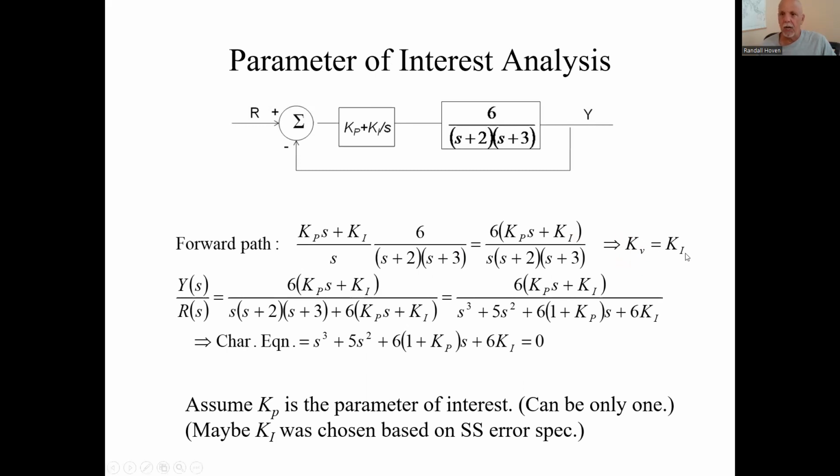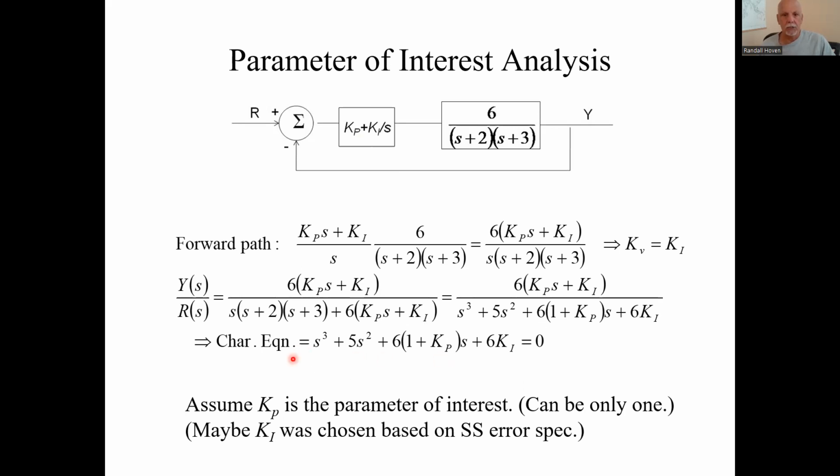So this K sub I is your error constant. So let's say you chose that K sub I to meet some steady state spec. And now you want to know, where do the poles of the closed loop system go in the complex plane as Kp goes from 0 to infinity? K sub P is now my parameter of interest.